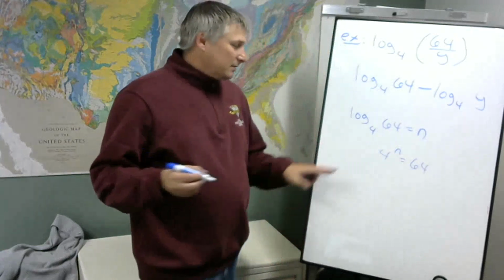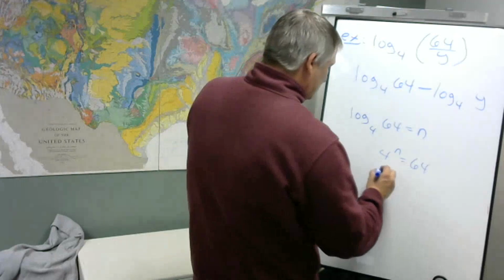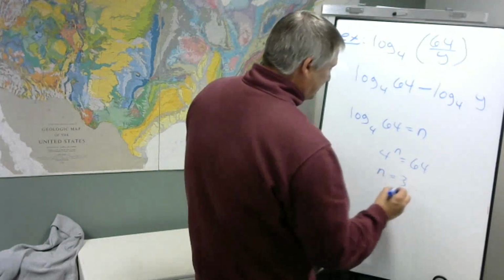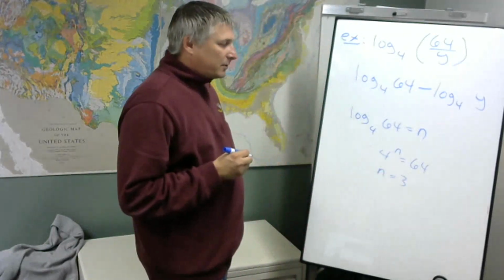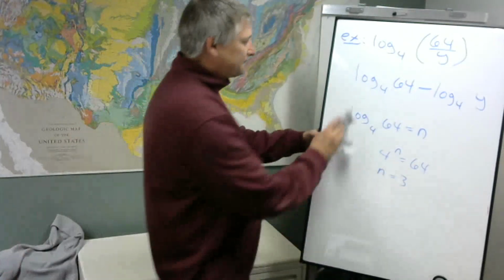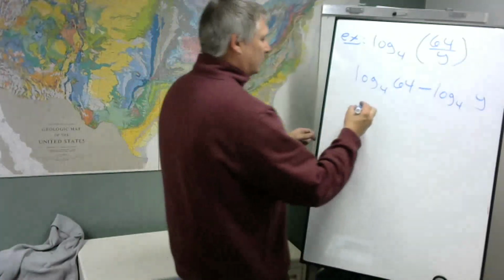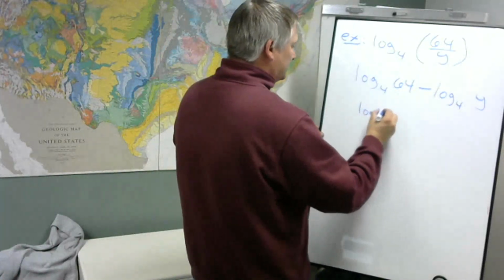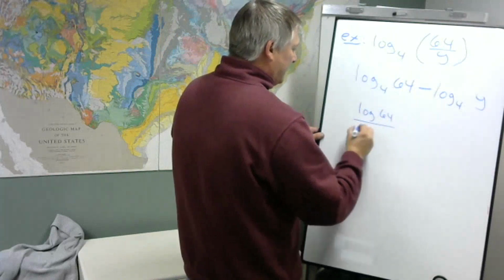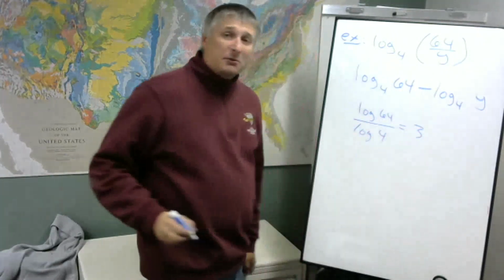And do we know this? We actually do, well, you might be able to figure it out. n equals 3. Of course, you could figure this out on a calculator. We could just take log base 10 of 64 divided by log base 10 of 4, and you're going to get 3.